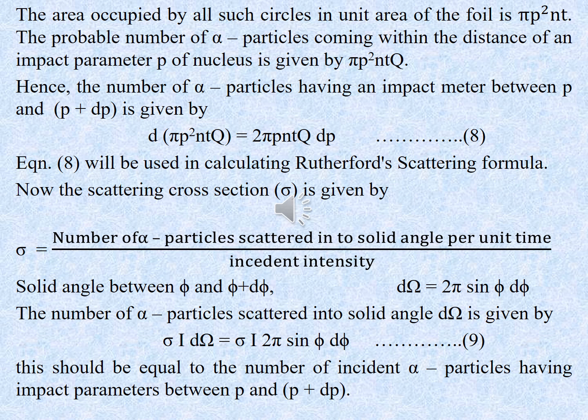The number of alpha particles scattered into solid angle dΩ is given by σ I dΩ, equal to σ I 2π sin φ dφ, that is equation 9. This should be equal to the number of incident alpha particles having impact parameter between p and p plus dp.